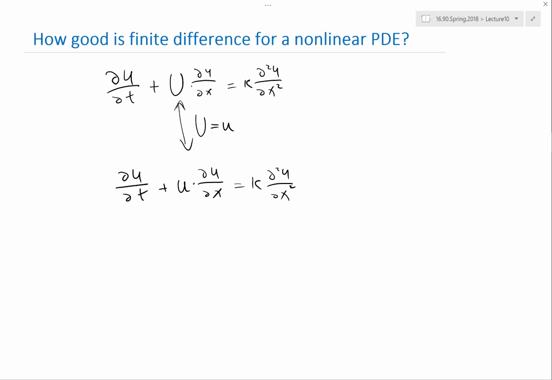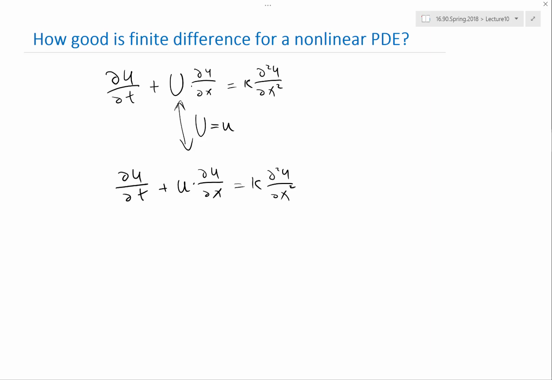Or if you multiply an existing solution by a factor of 2, it still satisfies the PDE. But no longer in this case. If you scale the solution u by a factor of 2, this term is scaled by a factor of 4, so it's no longer satisfied. We get a nonlinear equation, so we lose the property of linear superposition.